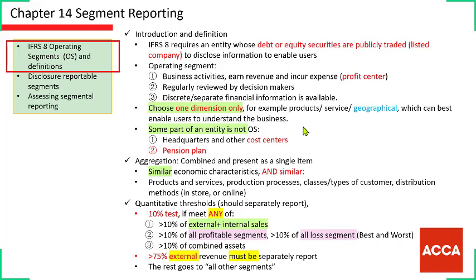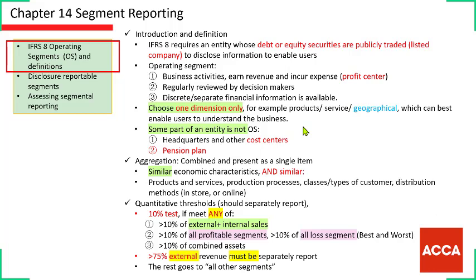Some parts of an entity are not operating segments, for example headquarters and other cost centers. But some companies also do that. Basically, segments should be profit centers. They should have their own cash flow, so users can evaluate how the company is making money and whether the segment is performing well or not.